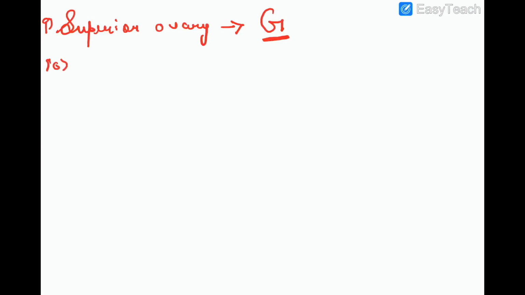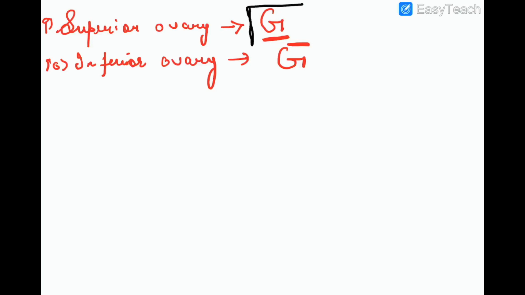And if the ovary is inferior, then it is written as G, and at the top of it we put a dash. So if the ovary is superior, we put a dash at the bottom, and if the ovary is inferior, we put the dash at the top of it.